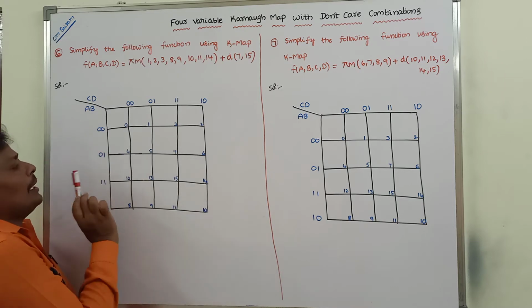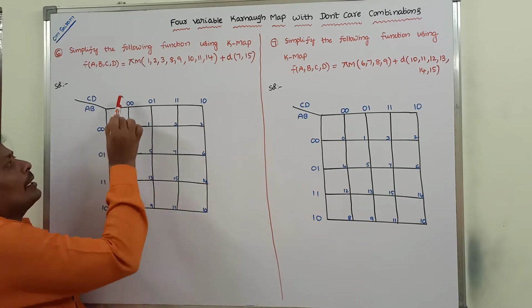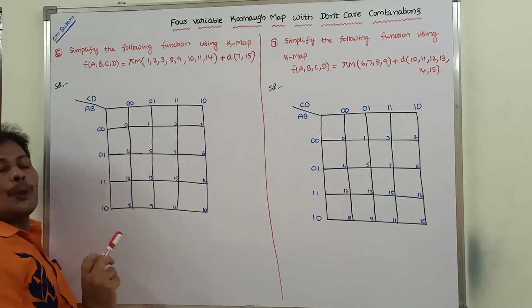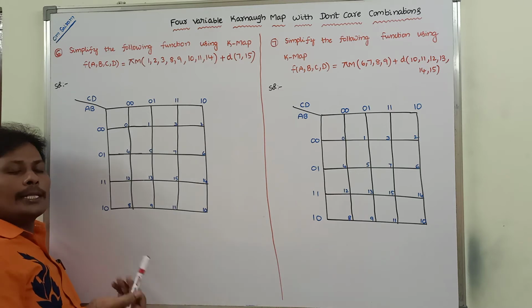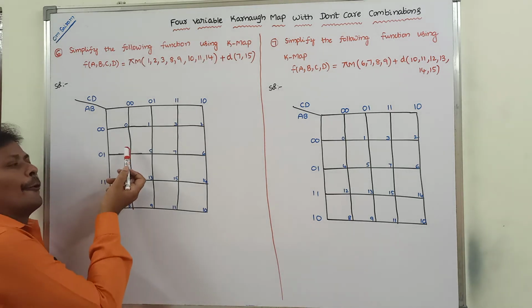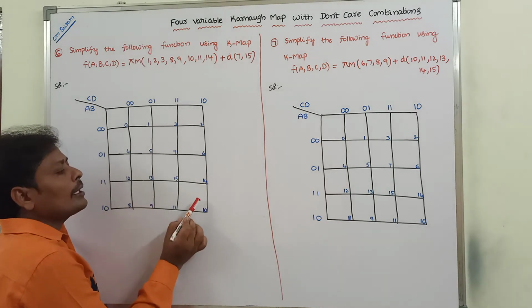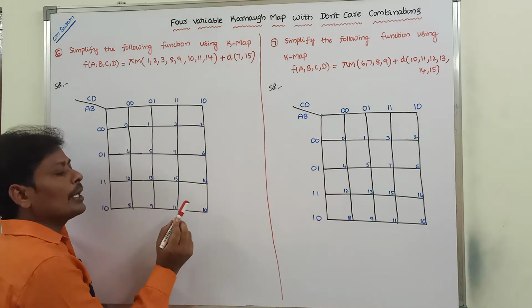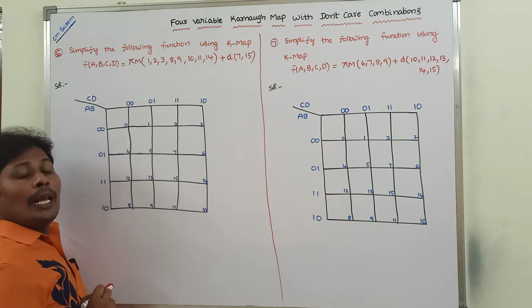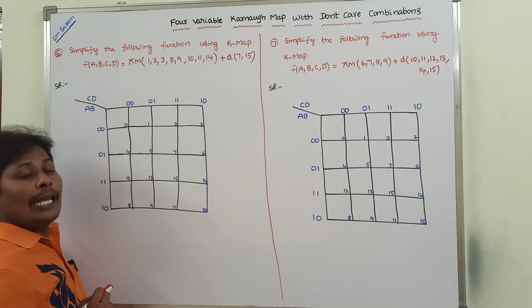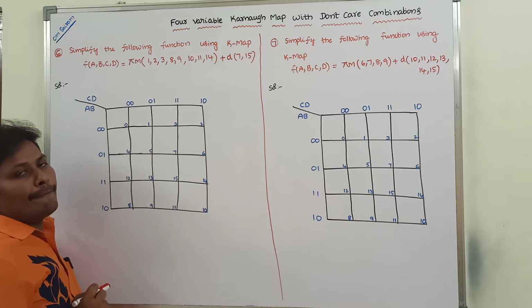For example, row-wise 01, column-wise 00 gives 0100, and the decimal equivalent value is 4. In this way, in the corner of each and every cell, we have to write the decimal equivalent value after taking the row-wise binary value and column-wise binary value.